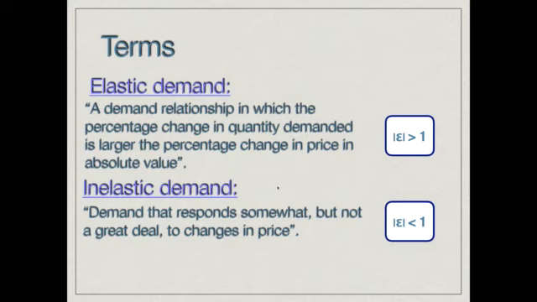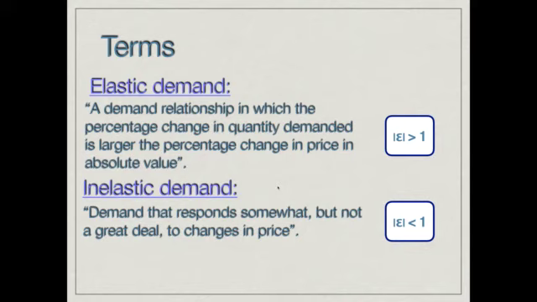Another interpretation that we can have here is a calculation where you have inelastic demand. And that's a demand that responds somewhat, but not a great deal to changes in price. So for example, if I were to give you a numeric example, let's say we raise the price of a product by 10%, we would have a decrease in quantity demanded of less than 10%, let's say 5%.